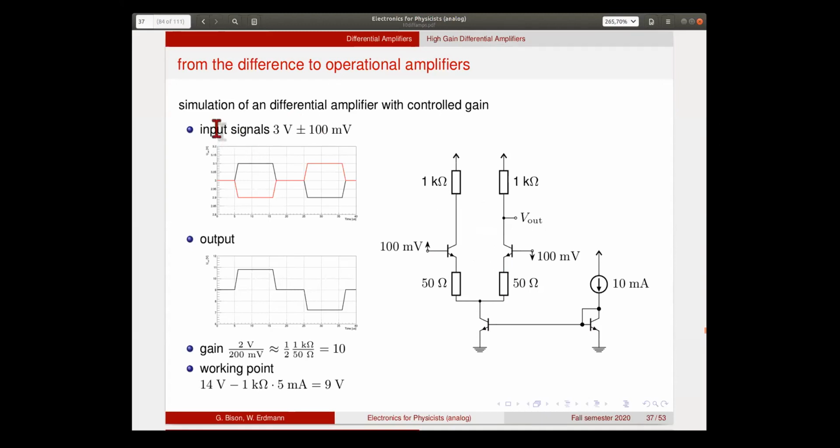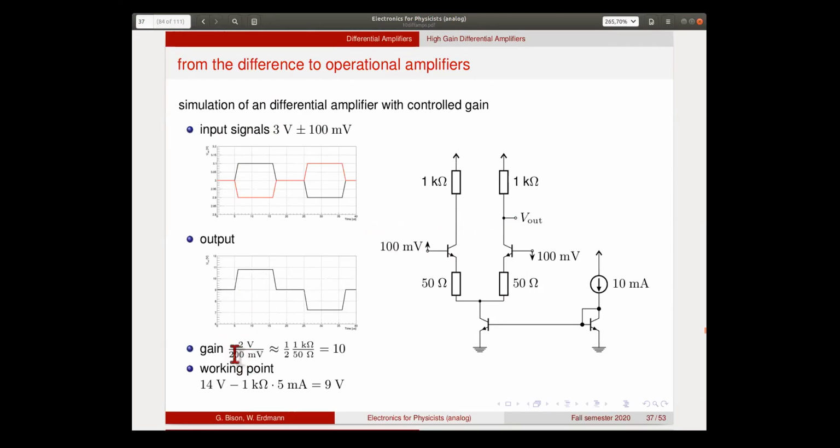And indeed, we now operate this with 100 millivolts differential voltage. So we go up 100 millivolts here and down 100 millivolts there at around a working point of 3 volts. So this is shown here, the input. One is the inverting, one is the non-inverting. And then as the output, we look at this node, and indeed we have a gain that is now, we have here an amplitude of 2 volts roughly.